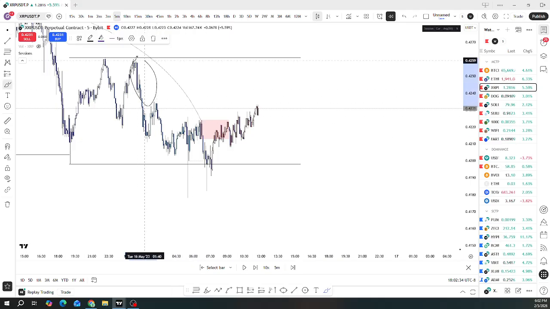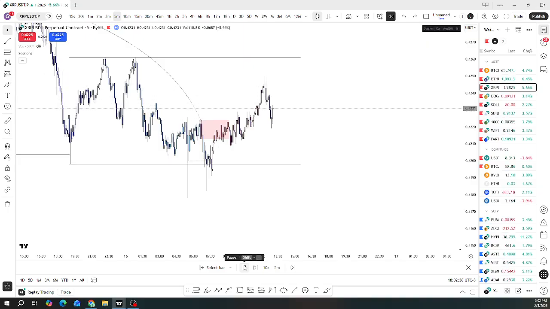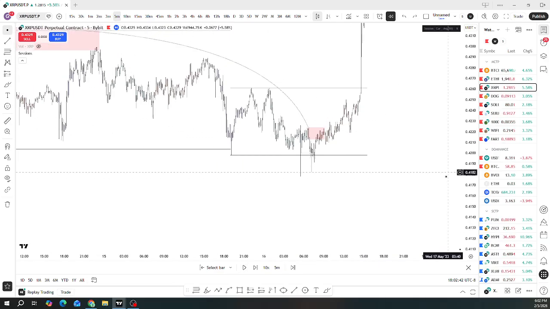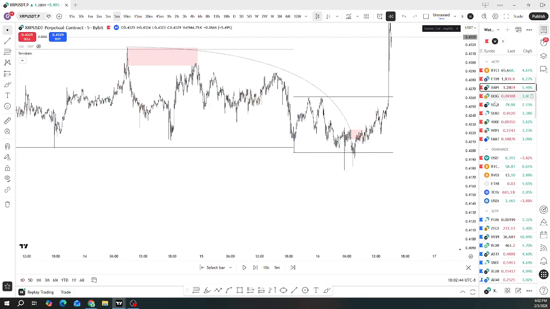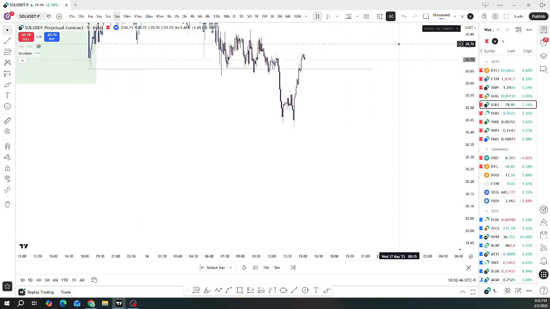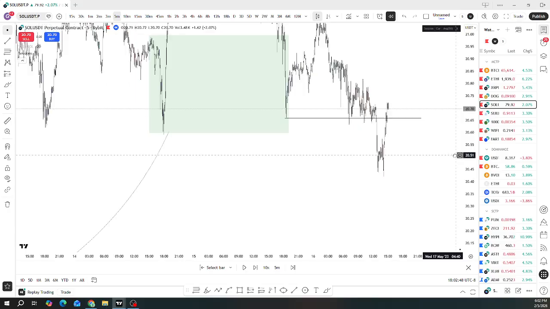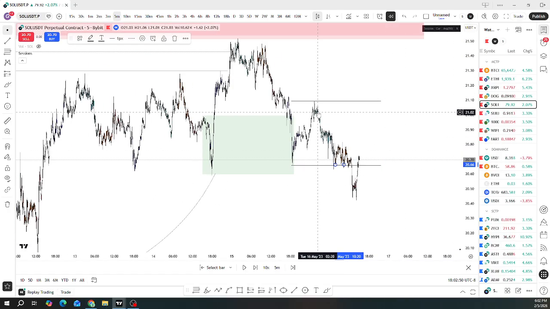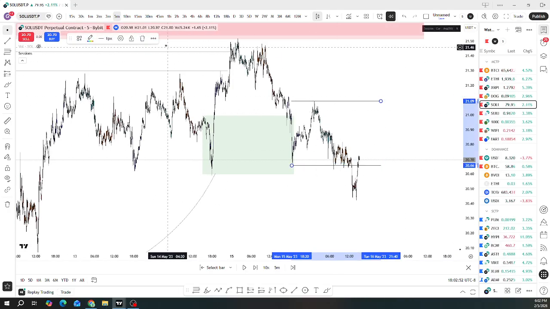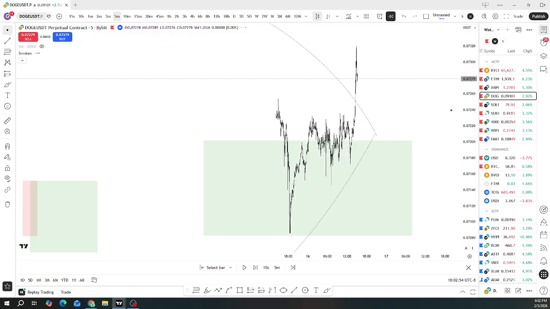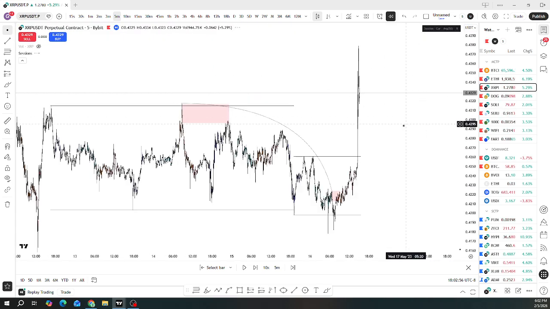This sharp move, not that good looking. It served its purpose though. No entry there. Check out Solana. Solana just simply went lower. So no model there. Cool to see the concept work though.